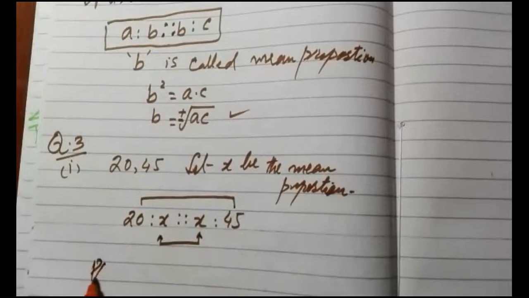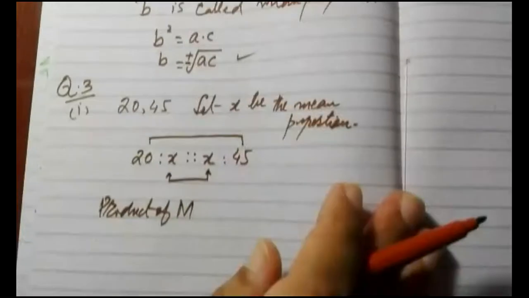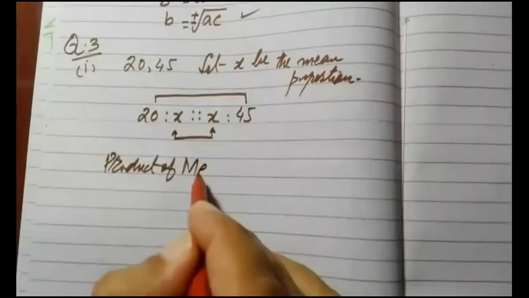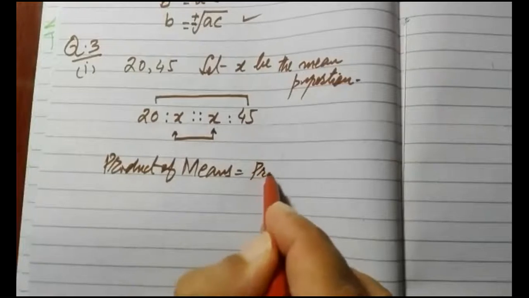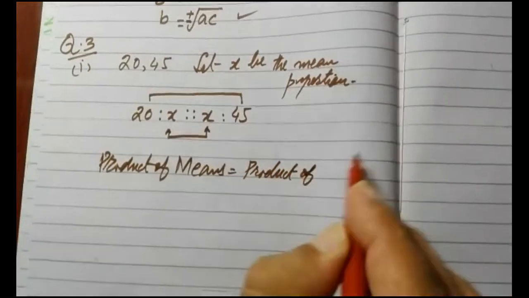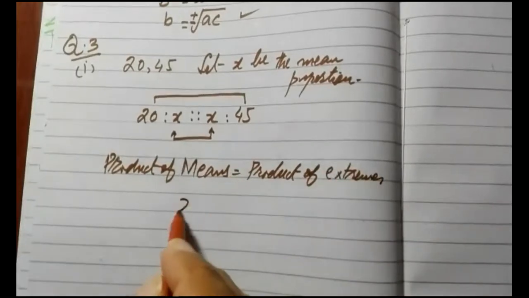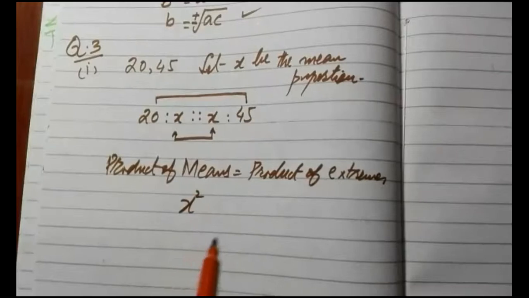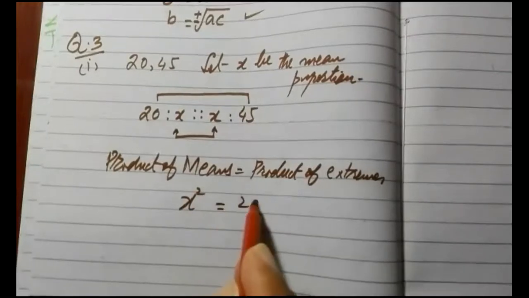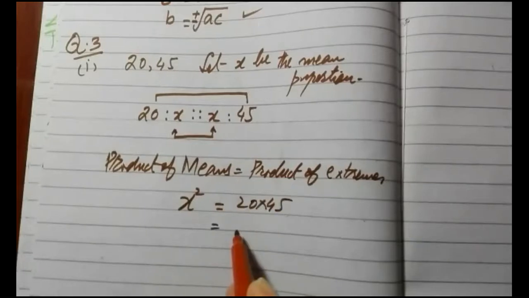So you will write it as usual. Product of means is equal to product of extremes. This is product of extremes. Product of means will obviously be x into x, x squared, and the other side will be 20 into 45, and 20 into 45 will be 900.